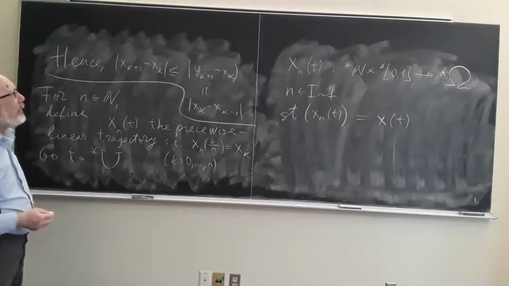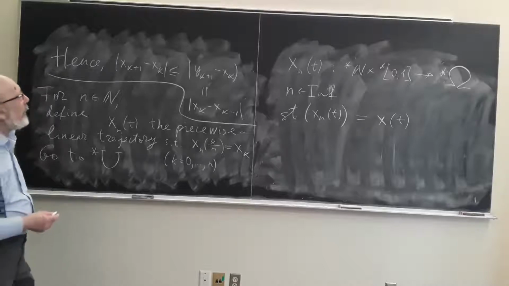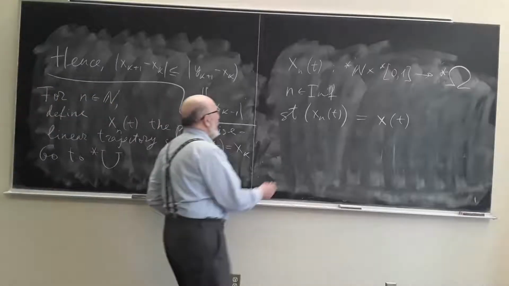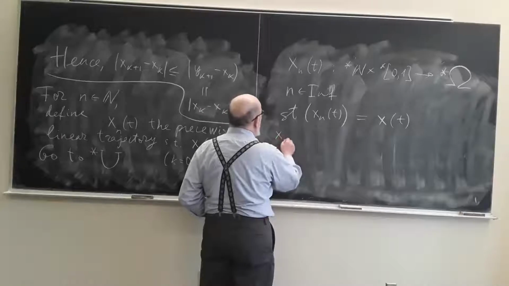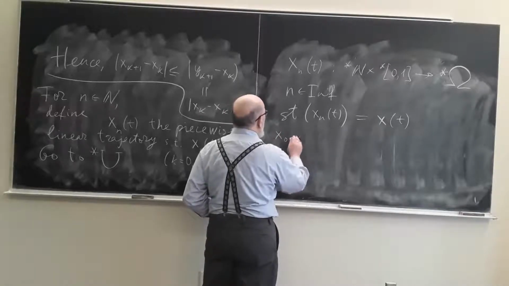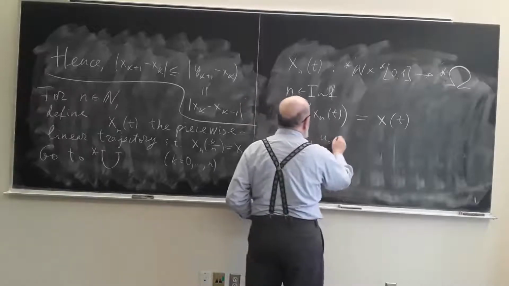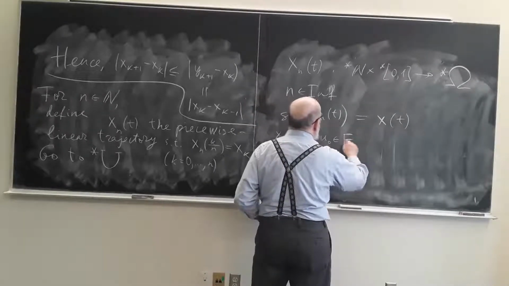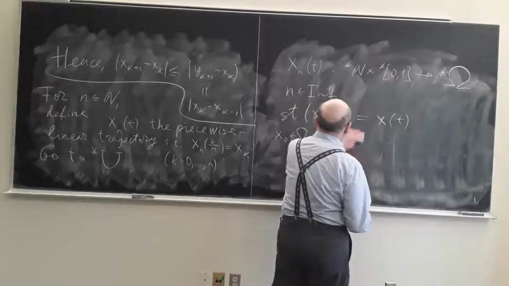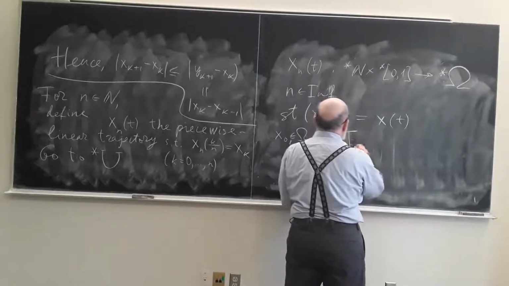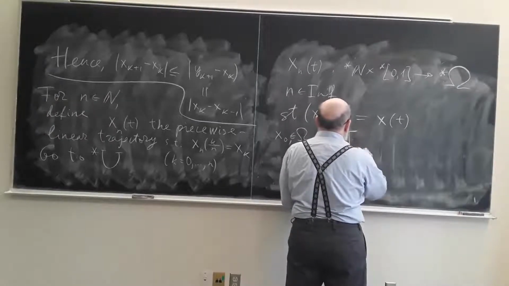One moment. We have to start this sequence from something. Let us start it so that we have x0 in omega, u0 in the tangent space at the point x0.